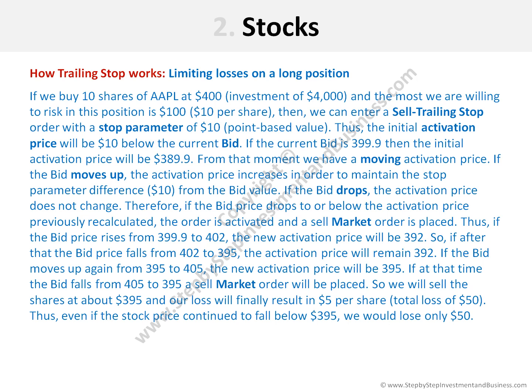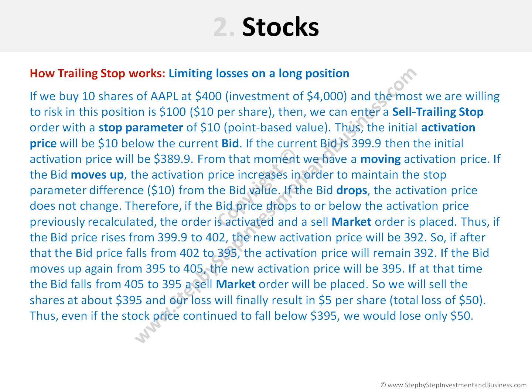If the bid moves up, the activation price increases in order to maintain the stop parameter difference from the bid value. If the bid drops, the activation price does not change. Therefore, if the bid price drops to or below the activation price previously recalculated, the order is activated and a sell market order is placed.